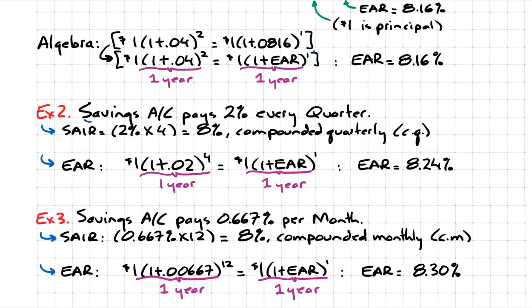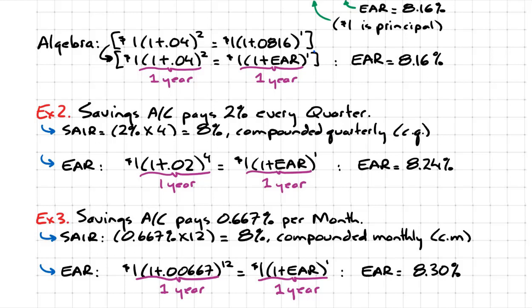Suppose now a different bank is offering to pay 2% every quarter. So the first thing is, well, how would they quote this? Well, they'll say, 2% every quarter, that's 4 times a year. So on an annualized basis, that's 8%. But then the bank would have to tell you how often that 8% is being compounded. And then what we do is we work backwards.